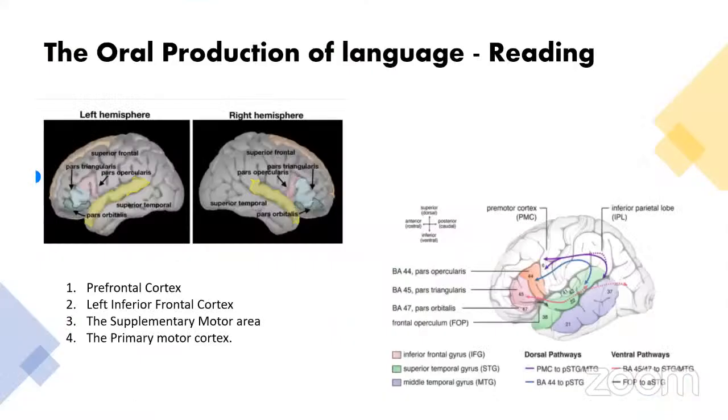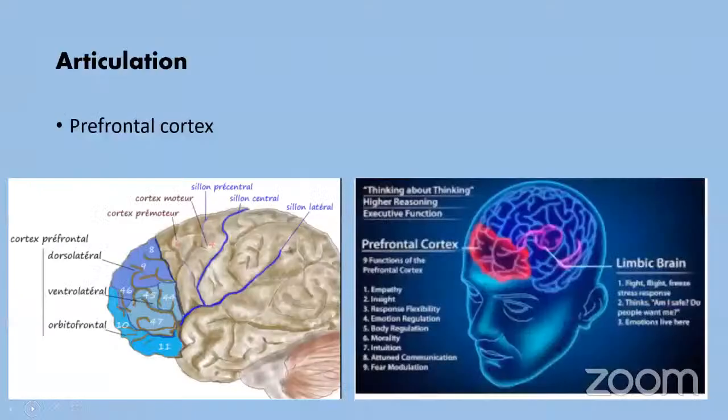So the oral production of language or reading requires the integration of pars triangularis, pars opercularis, pars orbitalis, and four important things you should remember: the prefrontal cortex, left inferior frontal cortex, the supplementary motor area or area 6, and the primary motor cortex, that is primary area 4. So these are the areas which we are concentrating on now.